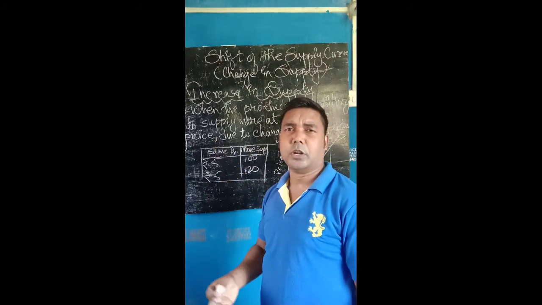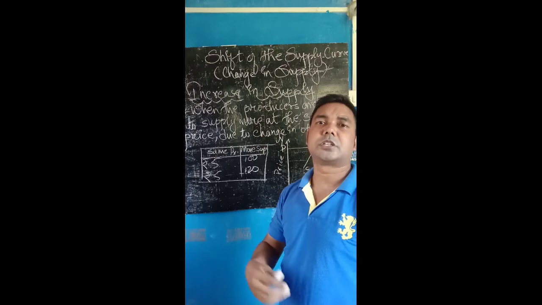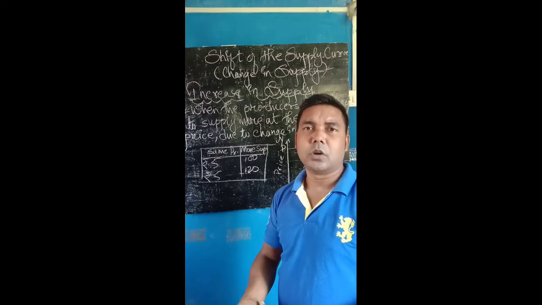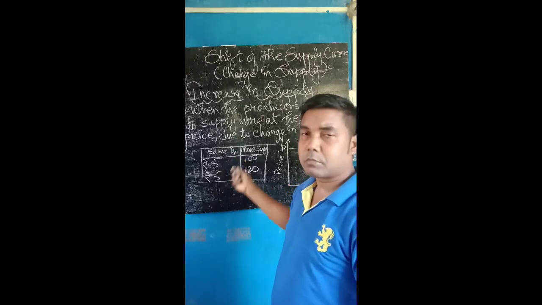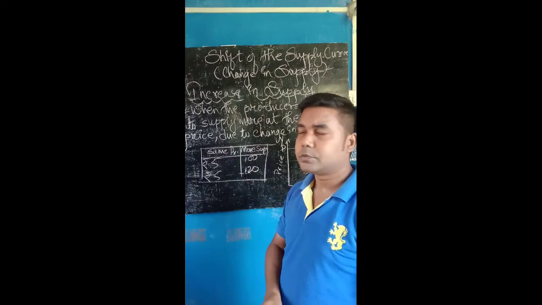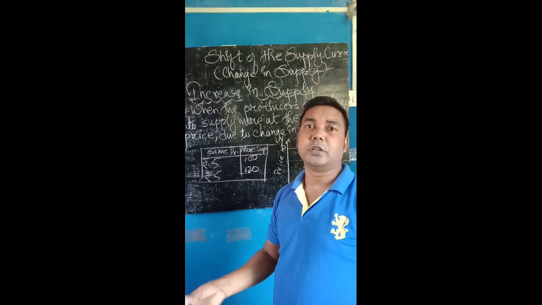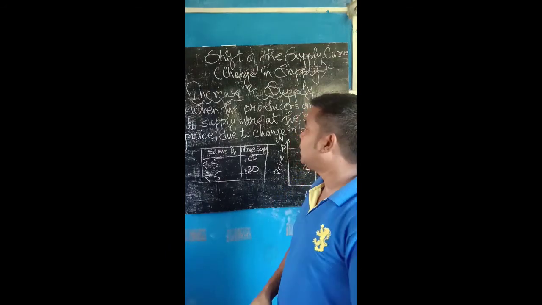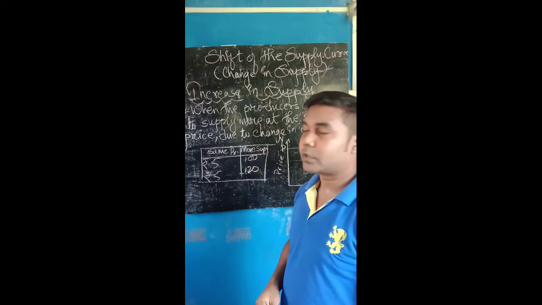So the government policy can change, the taxation system can change, subsidies can be provided. Whatever determinants we studied in the last class, those are the other factors. If the changes are good for the producers, then the producer will produce more.